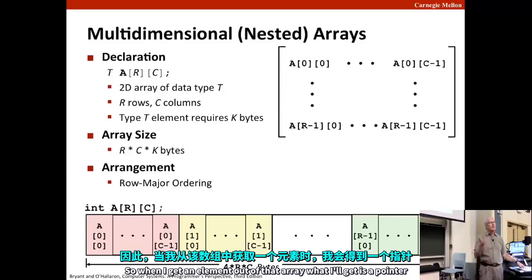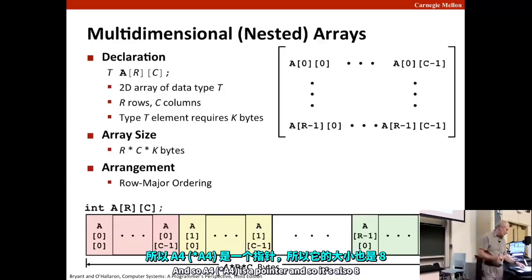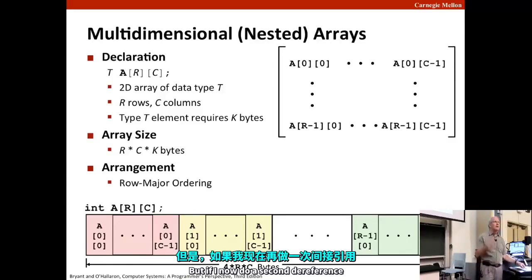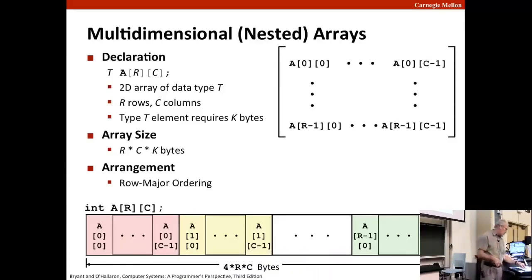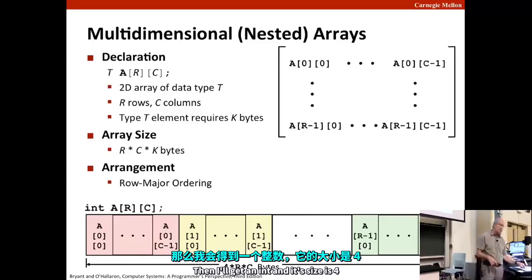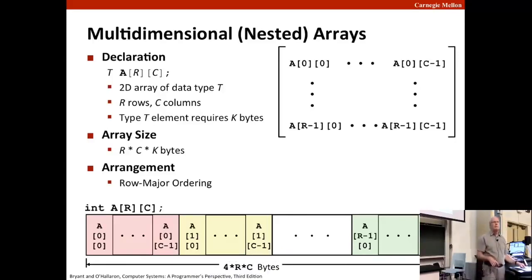So when I get an element out of that array, what I'll get is a pointer, and so it's also 8. But if I now do a second dereference, then I'll get an int, and its size is 4. Okay? These all compile.